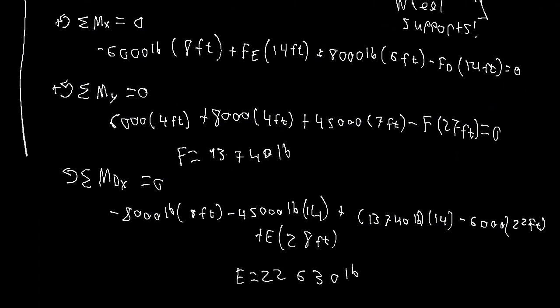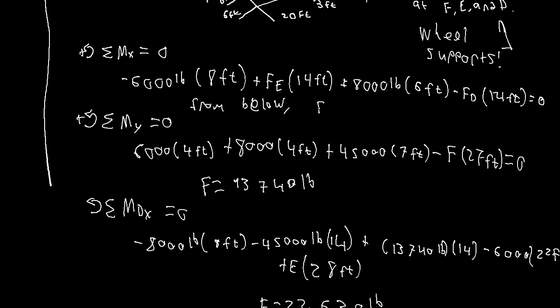And finally, we get to our last equation. You get FD equals 22,630. And how do we get that? Well, FD is at that distance, FE is at that distance, right? So, therefore, if this is to equal 0, then logically, you got 8,000 times 6, and you have 6,000 times 8.